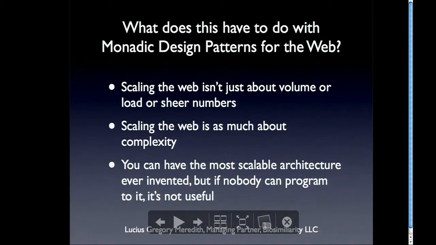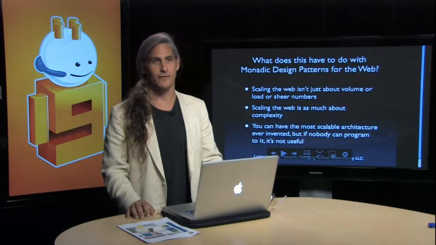I could have the most scalable architecture on the planet, but if it's so complex that nobody can code to it, it's useless, right? So the crucial thing is finding abstractions that give us performance in terms of the sheer numbers, and also usability and understandability in terms of human appreciation, right? Because at the end of the day, humans are writing the code.